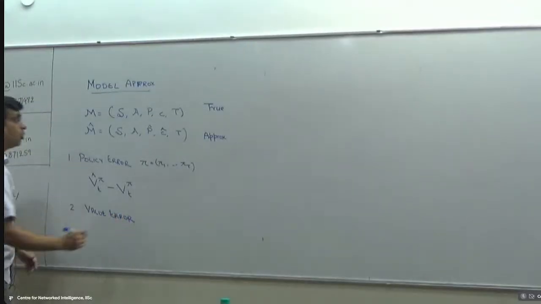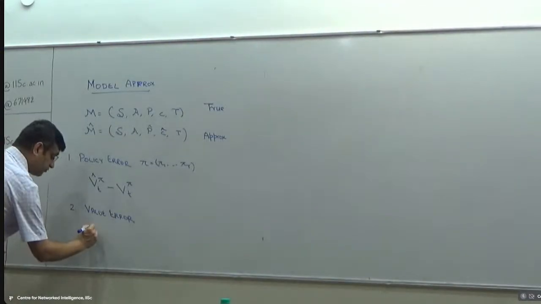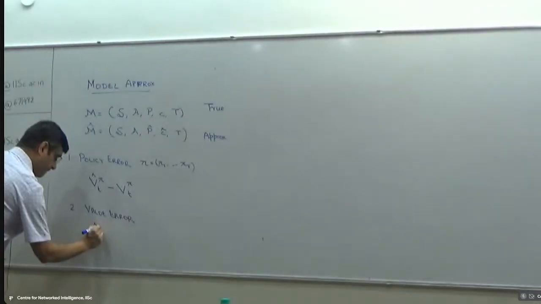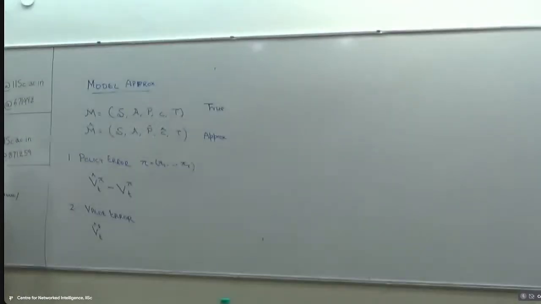I take my approximate model, and I solve a dynamic program in that approximate model. That gives me a sequence of value functions. And I ask how good are these value functions compared to the optimal value function in the true model. Okay.